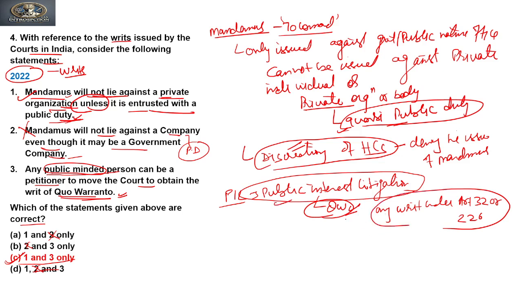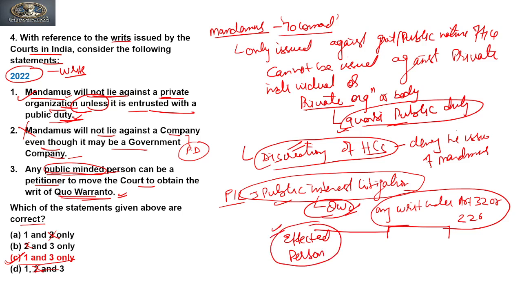So, for the violation of fundamental rights, there are three ways to approach the court. The first is the affected person, the affected individual, meaning the individual whose right is violated.